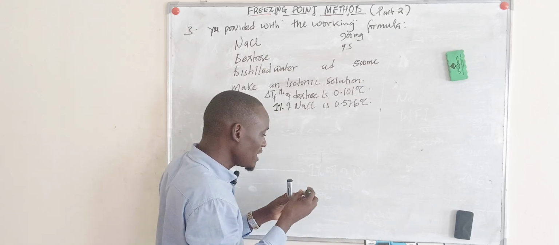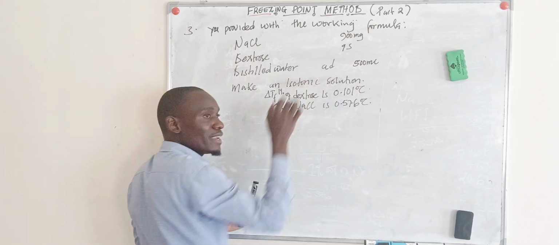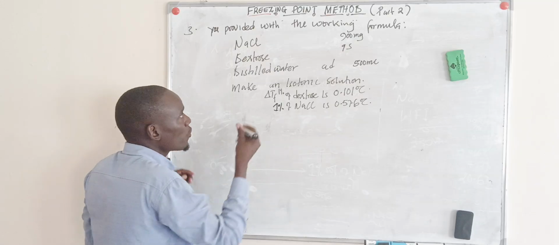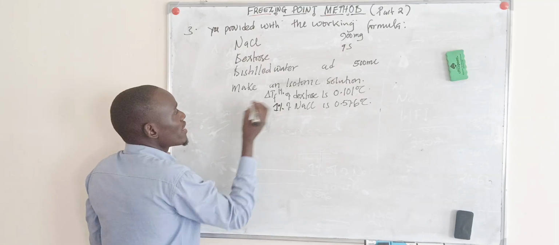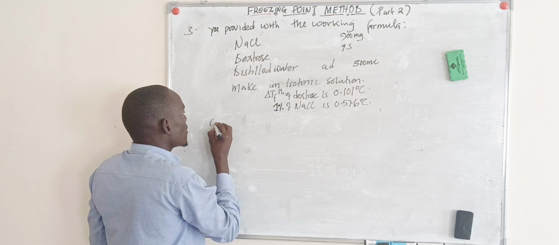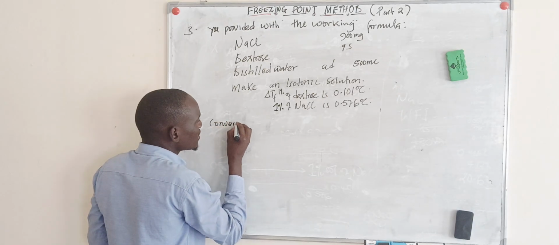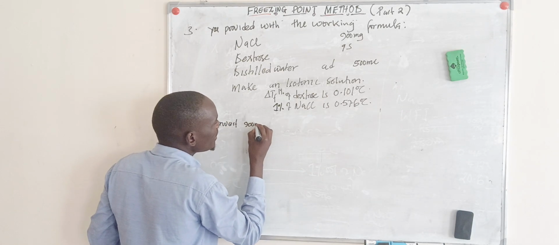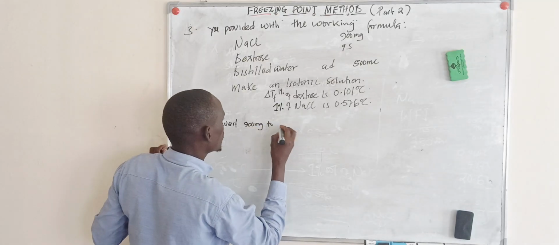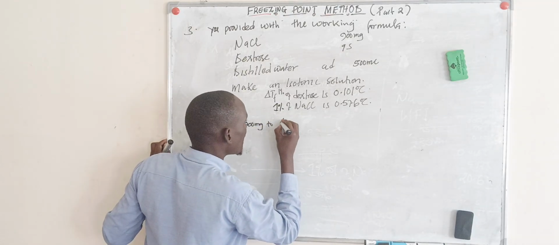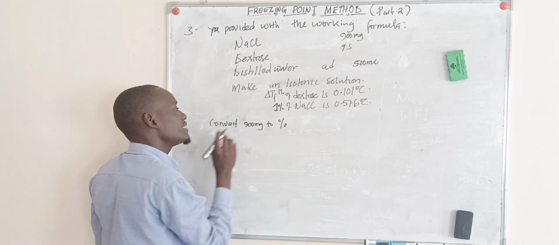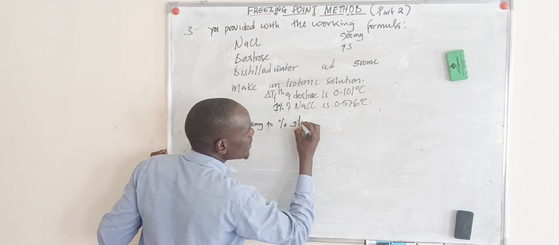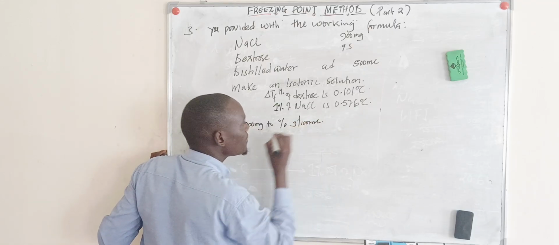So we shall begin by converting the mass of sodium chloride to percentage. To convert 900 milligrams to percentage, it means we have to convert it to grams per 100 mils.